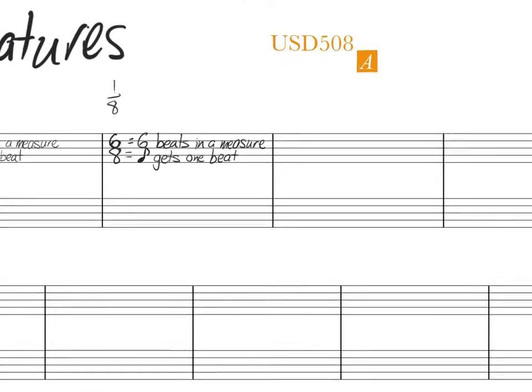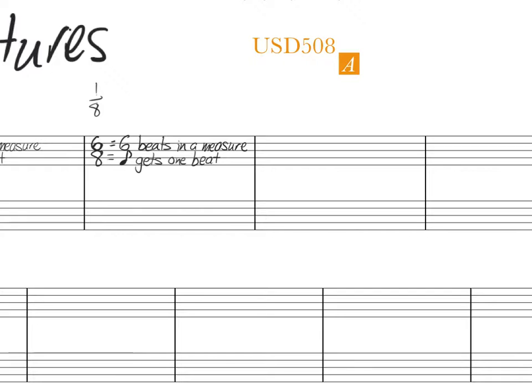And we will try one more example. How about 7/1? We haven't talked about 1 as the bottom number yet. Once again, the top number is easy. That means 7 beats in a measure.